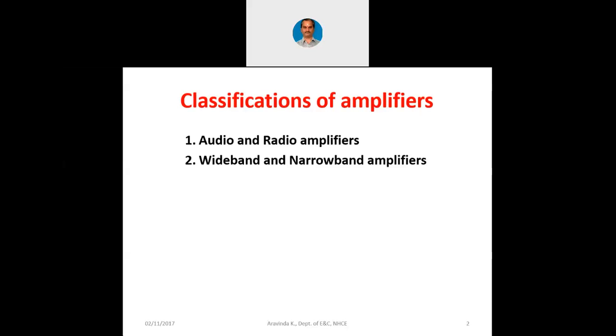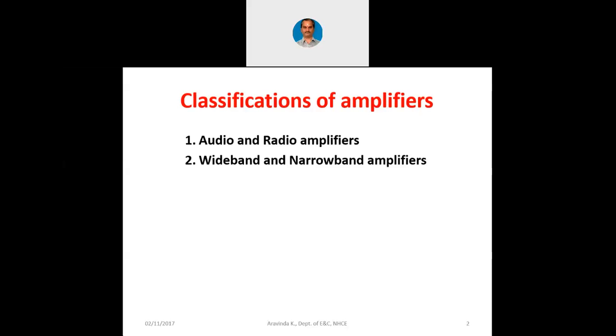In this 20 megahertz bandwidth, there are so many stations, each having a 200 kilohertz bandwidth, which means that is a narrowband amplifier. Each radio station's amplifier is supposed to work only within 200 kilohertz bandwidth.